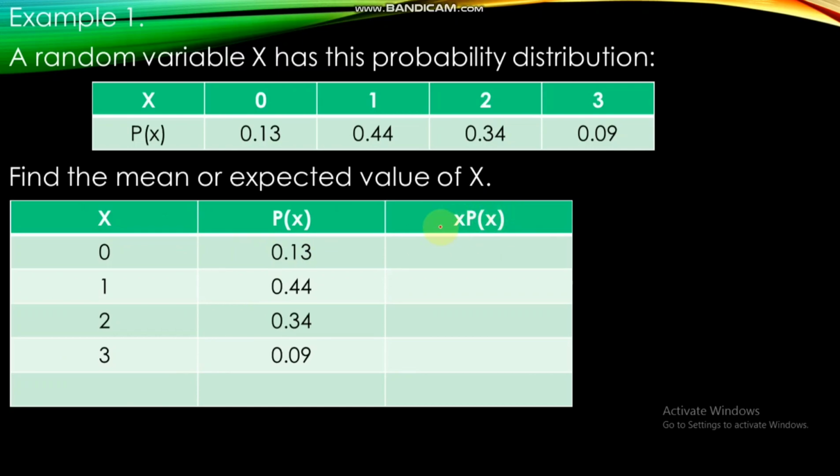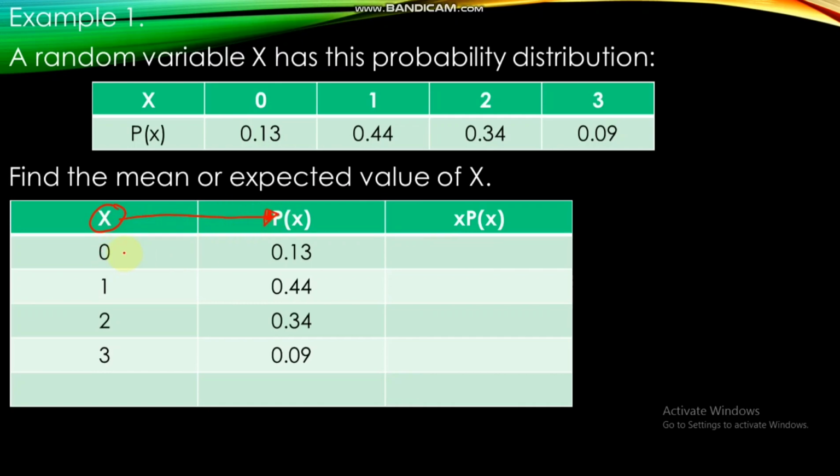So to find the value of the mean of a discrete random variable, we will multiply the value of x to p of x.